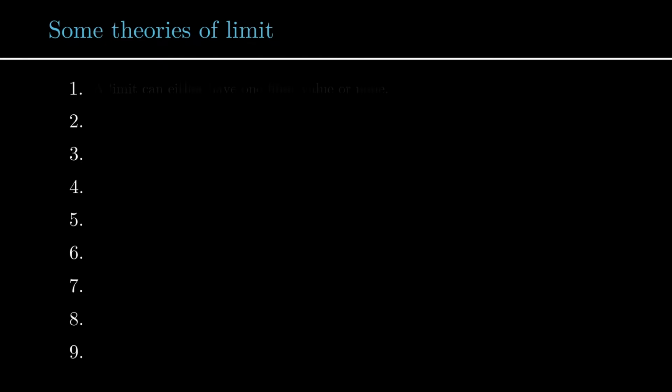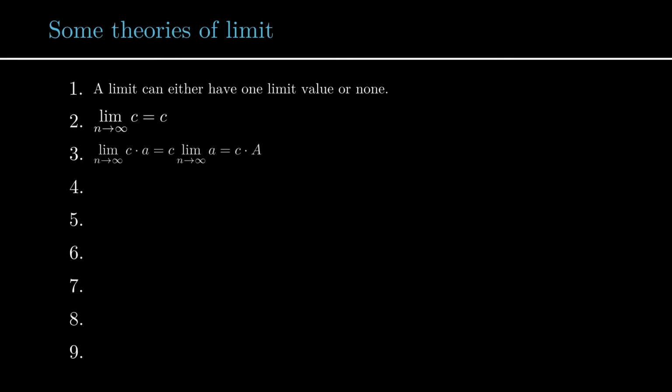Here are some limit theorems you should remember. Number 1. A sequence can have either one limit value or none. Number 2. The limit of c as n approaches infinity equals c. Number 3. The limit of c times a_n as n approaches infinity equals c times the limit of a_n as n approaches infinity, which equals c times a.